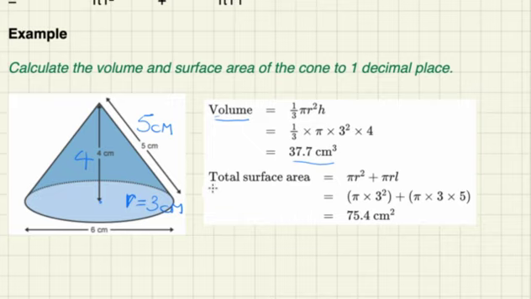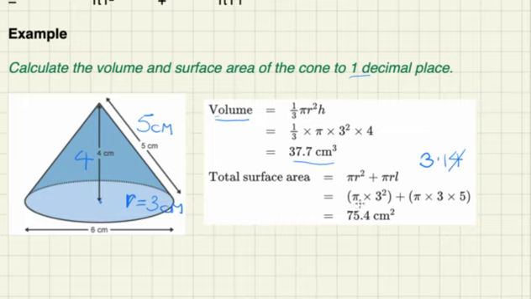How about this now for the total surface area? Total surface area is the area of the base, which is pi r squared, plus the area of the curved surface, pi r l. Let's substitute everything. There's pi, and we know pi has a value of 3.142. Let's say 3.1. Now it wants the answer to 1 decimal place, so pi can be 3.1 in this case.